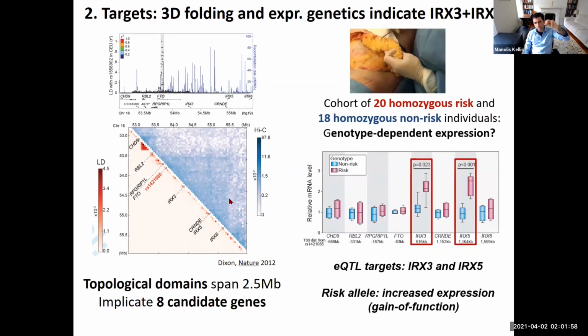So the next challenge was, how do we figure out what genes among all these candidates change in expression between the risk and the non-risk allele? So we went and measured the expression of homozygous risk and homozygous non-risk individuals for each of these genes. And what we found is that the FTO gene itself had no change in expression.